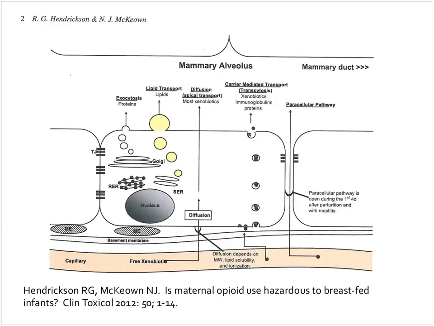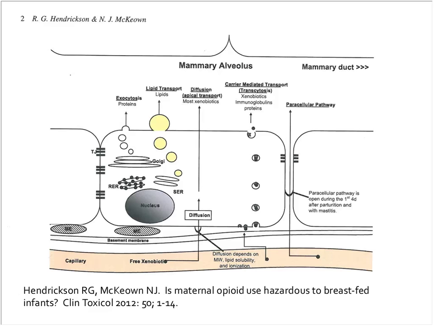So let me step back for a second. There are a few different ways for substances to get into the milk. Proteins and lipids are produced within the cell and exocytosed into the mammary alveolus and don't participate in drug transfer. All the way over on the right on this screen is something called the paracellular pathway, and that is really xenobiotics or medications that are traveling from the capillaries in between the cells.